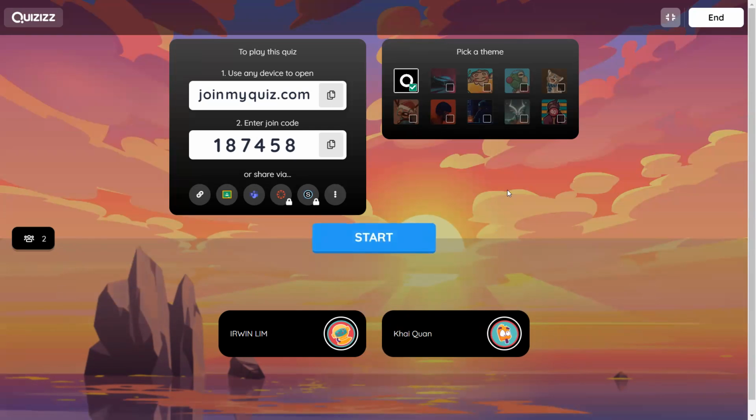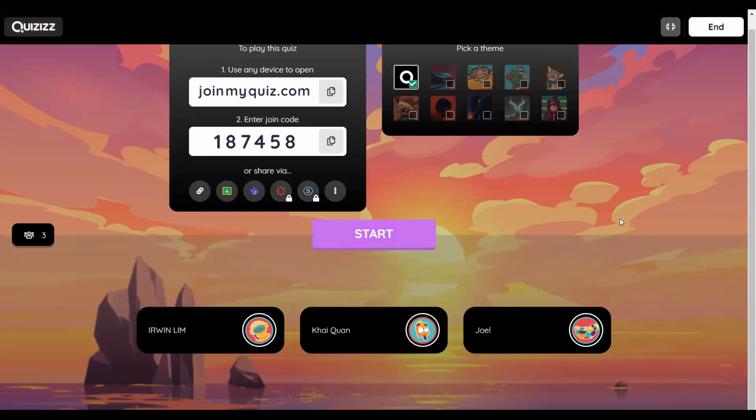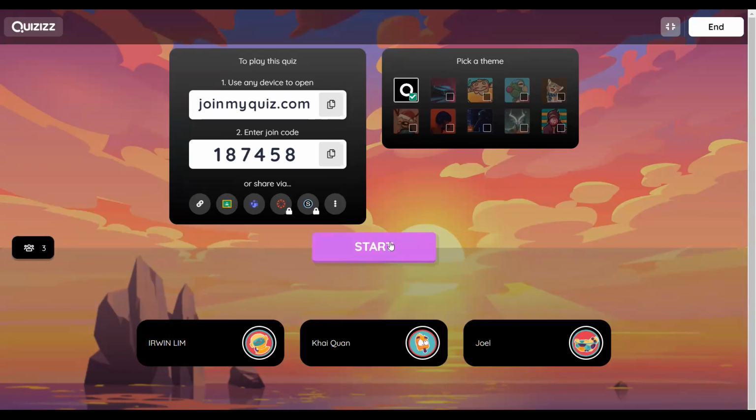Prepare your calculator because there are some calculations, and you might need draft paper. Okay, let's start. 1, 2, 3, go.